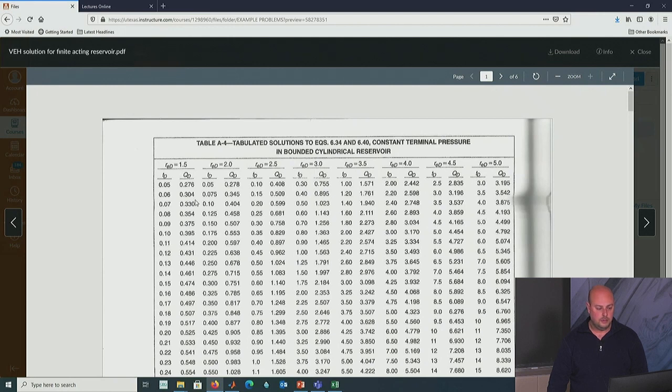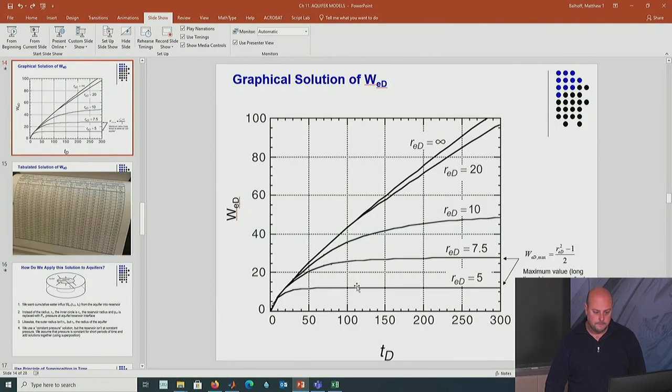They call it QD here, but it's WED. Let me see if I can do another example. TD is 150, but RED is 10. That looks like it's going to be about, I don't know, 43 or so. So RED is 10, TD is 150.